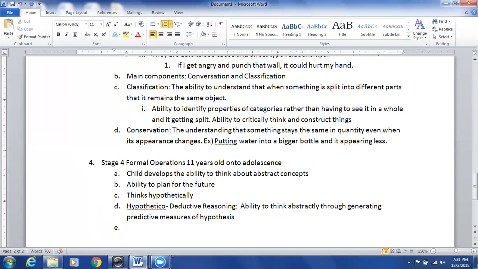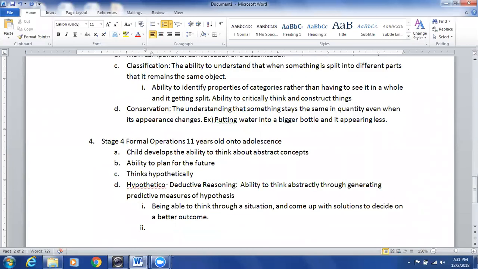Someone is basically able to come up with very different hypothetical situations, think through a situation, and come up with solutions to decide on a better outcome.